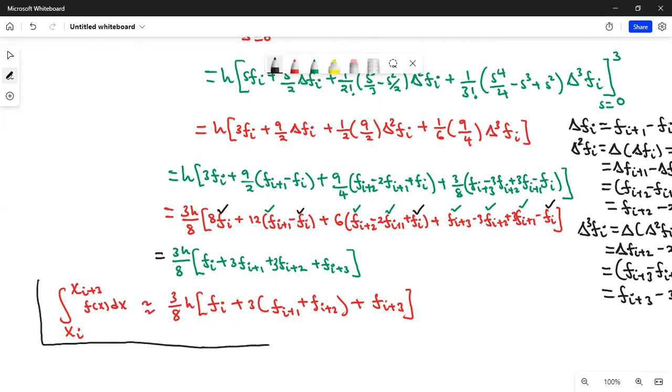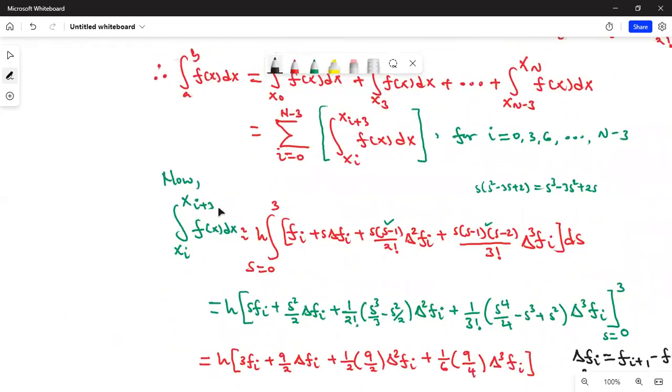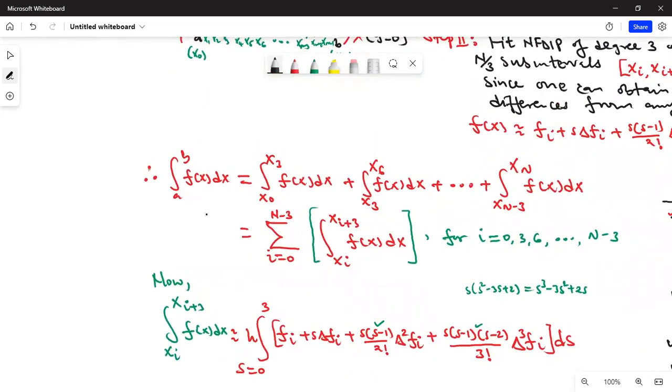So now when we take it back to our summation, that is from i equals 0 to n minus 3, what are we going to get finally? So you can write that if you substitute that value back into this equation, let's call this equation star.